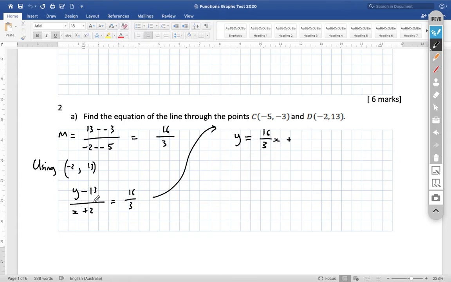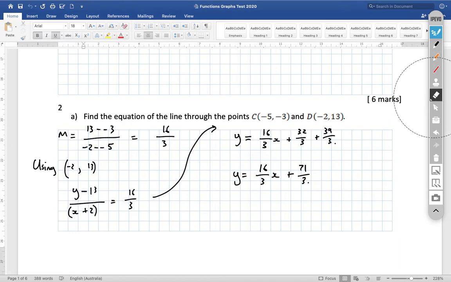So I'm multiplying both sides by this, x plus 2. That's 32 on 3. That 13's got to come over. Plus 13, that's the same as 39 on 3. y equals 16 on 3x plus 32 plus 39 is 71. Same answer I got in the other one.